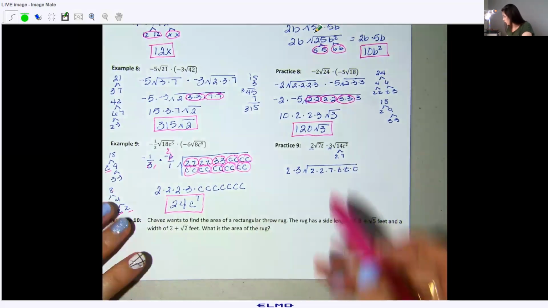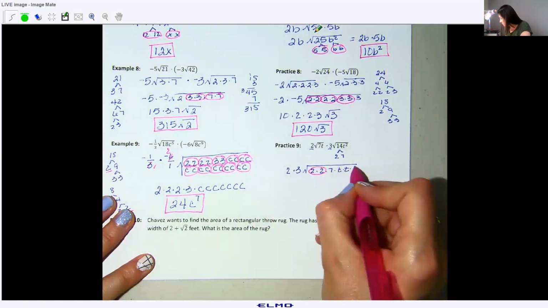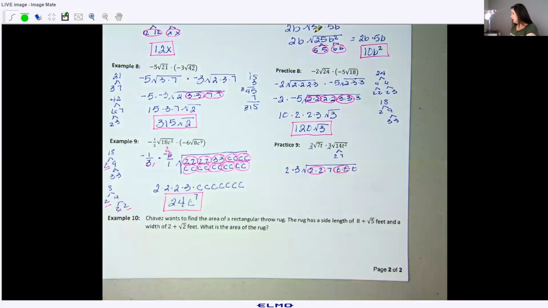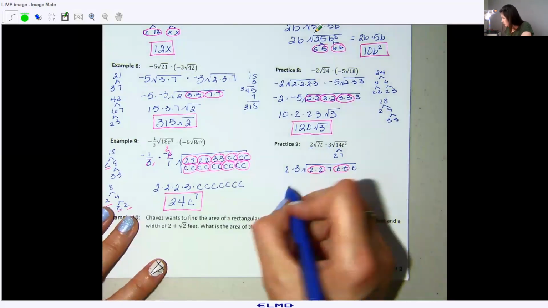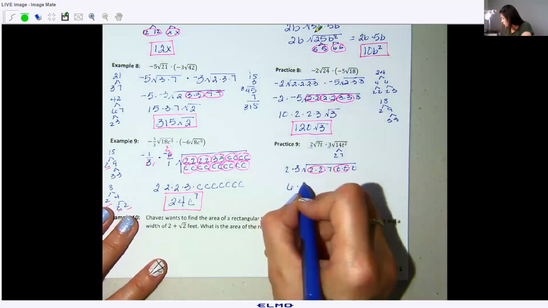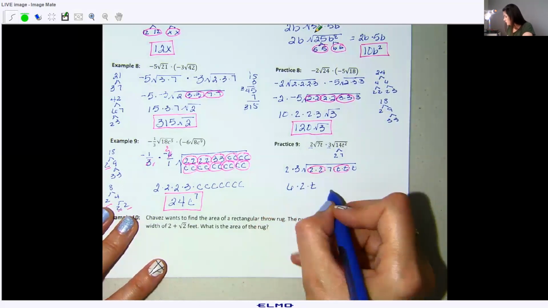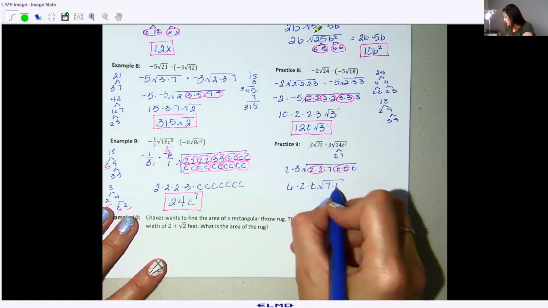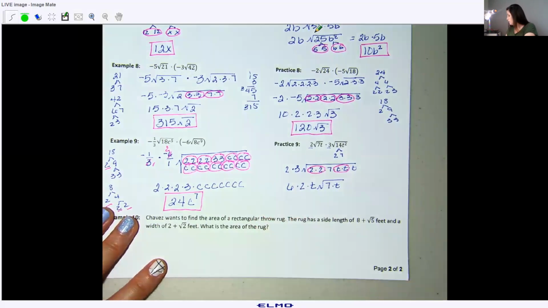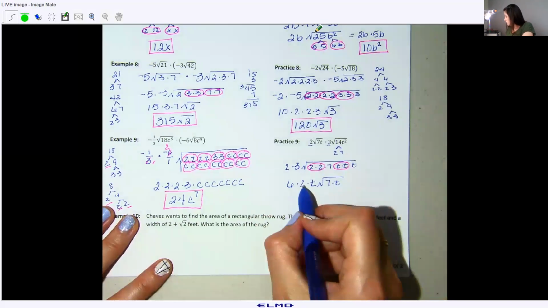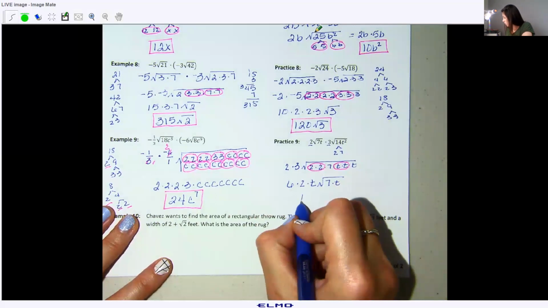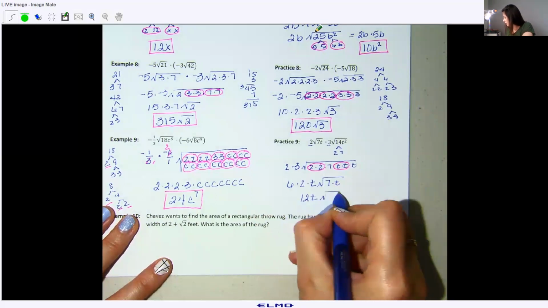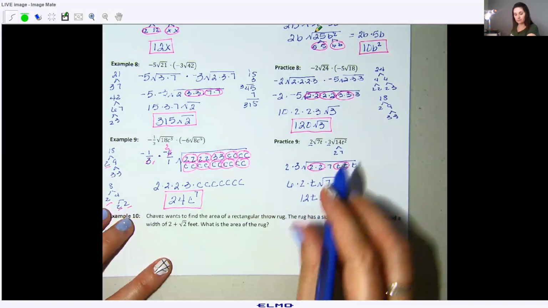I'm going to pair those up. And I end up with 2 times 3 is 6, times 2 times the t that I pulled out, and 7 times t left over inside of my radical. 6 times 2 is 12, so I have 12t square root of 7t for this one.